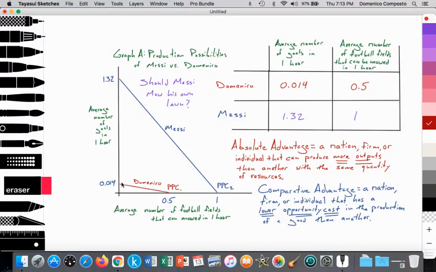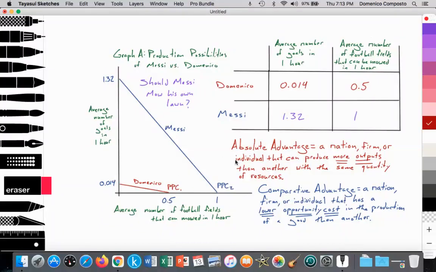And if I allocate all of my time towards playing football in 1 hour, I'm very unlikely to score. What we notice about these two PPC curves is Lionel Messi's PPC curve is way above mine in both cases. So he has the absolute advantage in producing football shots and cutting the grass over me.